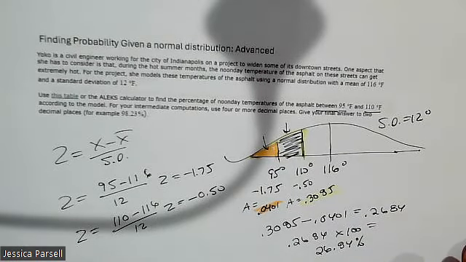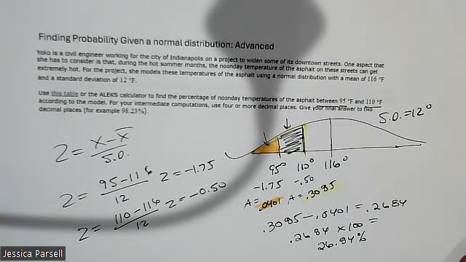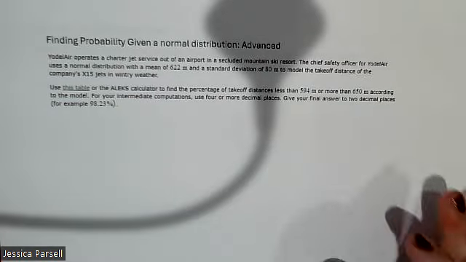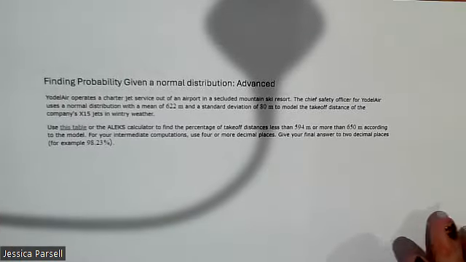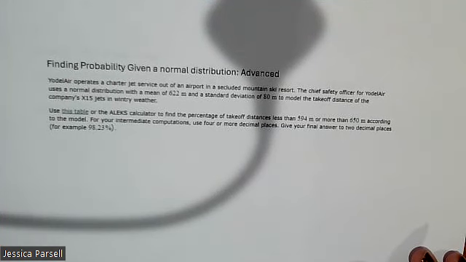Okay, one more advanced problem, and then we will stop for now. This covers most of the homework problems in this week's homework. Okay, Yodel Air operates a charter jet service out of an airport in a secluded mountain ski resort.